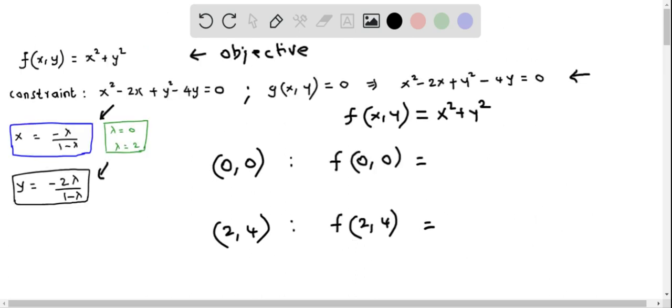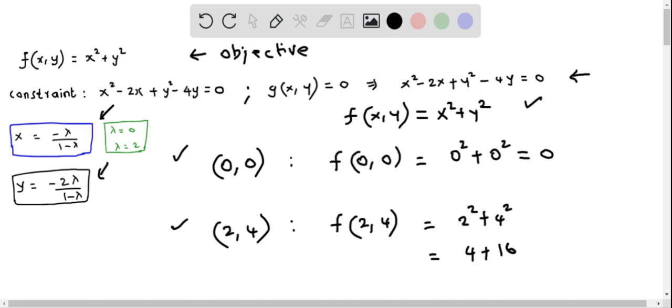Now using the points, we will determine the maximum and the minimum values. So I'm going to use the point 0 comma 0 and substitute into the objective function. So this becomes f of 0 comma 0 equals 0 squared plus 0 squared. This is 0. And let me substitute 2 comma 4 into the objective function. So this becomes f of 2 comma 4, which is 2 squared plus 4 squared. 2 squared is 4 and 4 squared is 16.